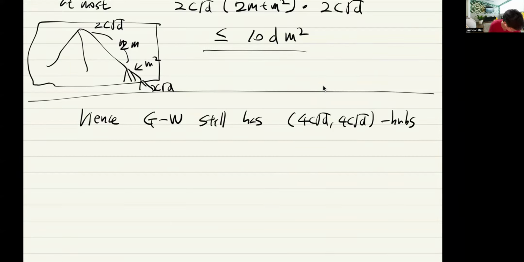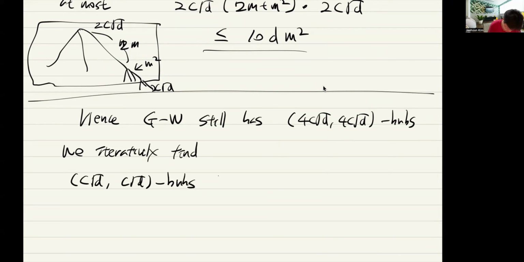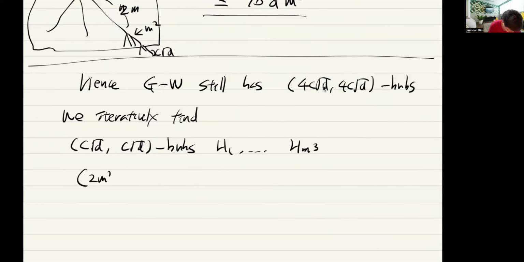We keep doing that as we iteratively find the C square root of D, comma C square root of D hubs H1 to HM cube, and 2M square or C square root of D hubs H prime 1 to H prime M cube square root of D.